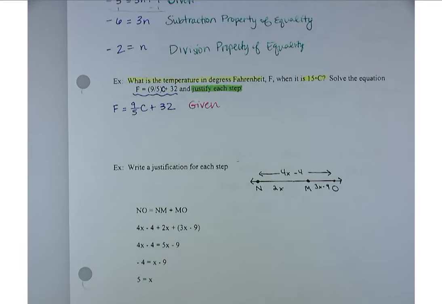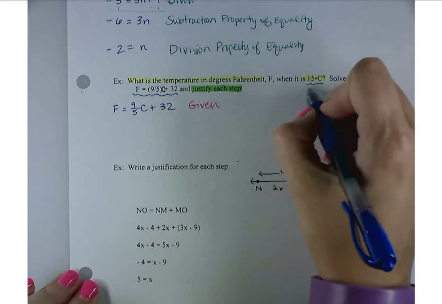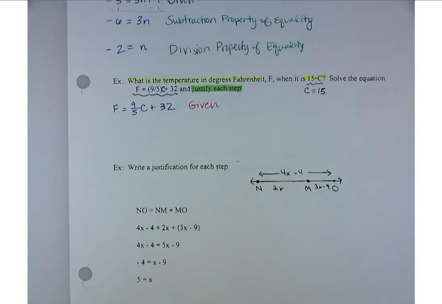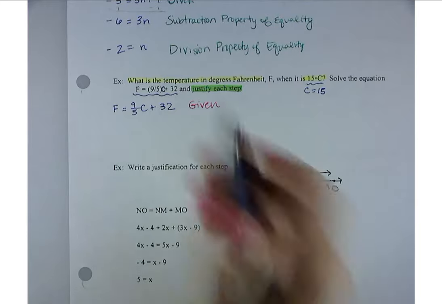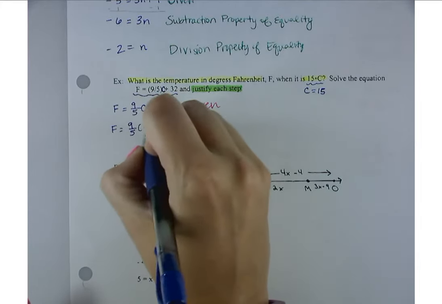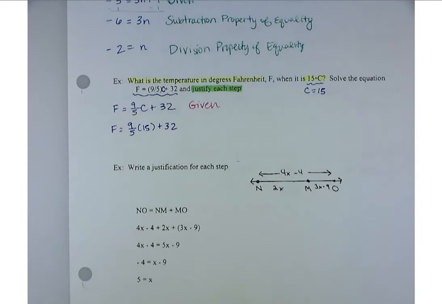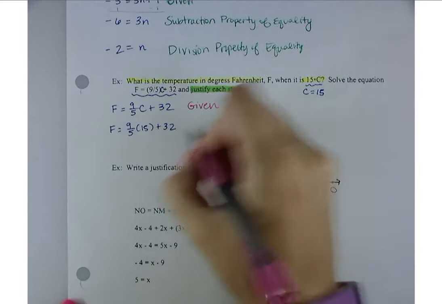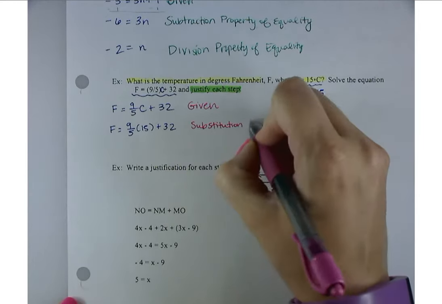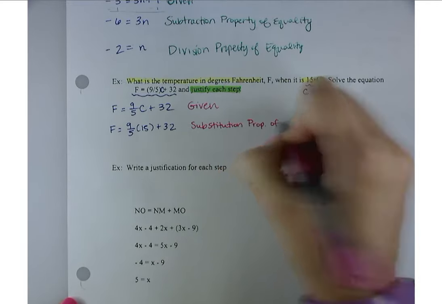Put it in C. Yeah, so when you were given that this is 15 degrees Celsius, that's going to be your C value. Your C value is going to be 15. So I'm going to go ahead and plug that in. Okay, and Kaylin, what property do you think I used to do that? Yep, substitution. So I substituted in 15. That's going to be the substitution, and we can just write prop of equality.